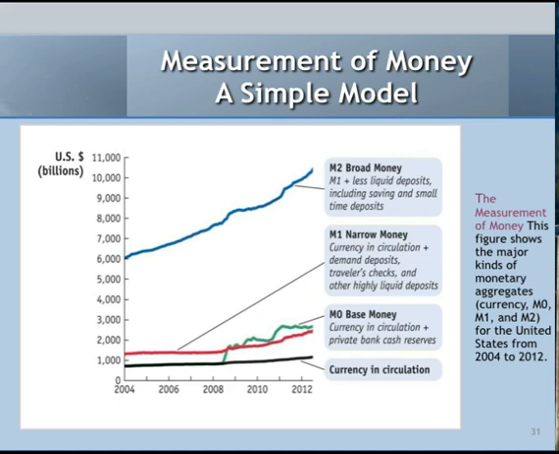And then finally we have what's referred to as M2 or broad money. That's M1 plus the little bit less liquid deposits, including savings and small time deposits. So this figure shows us the major kinds of monetary aggregates that we usually talk about when we try to measure the money supply.